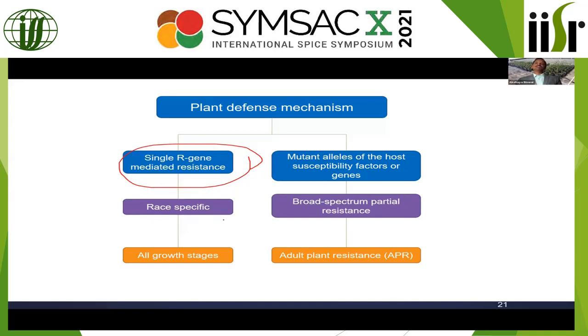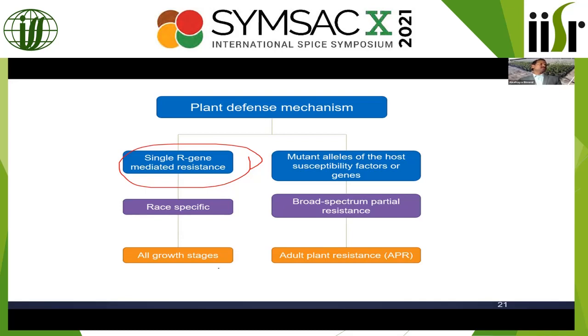And that's why when these R genes are deployed singly, in many cases they have been easily taken over by the pathogens. For example, CIMMYT had deployed many kinds of wheat varieties in Africa. When Ug99 appeared in 99, all the resistance genes were broken down, and there was almost zero harvesting in wheat.